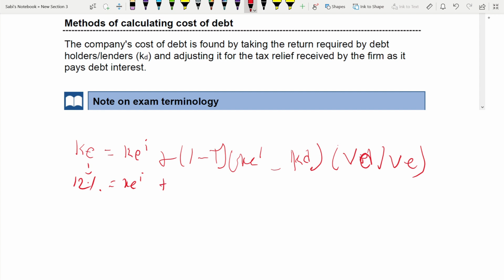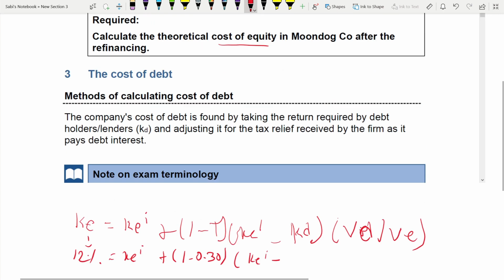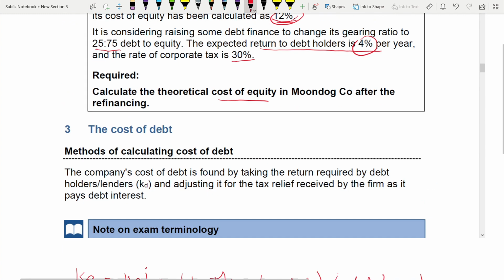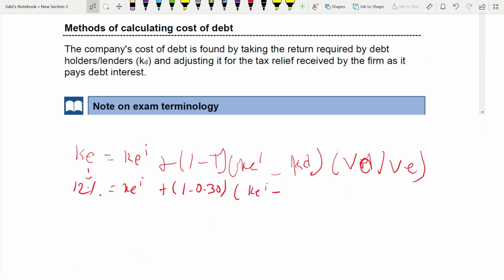You have to find the ungeared. Plus (1 minus tax rate), which is 30%, into KEI, you don't know, minus KD, the cost of debt. What is the cost of debt? 4%. Whatever is the return to the debt holders, this is your cost of debt, which means 0.04. Then value of debt over value of equity.